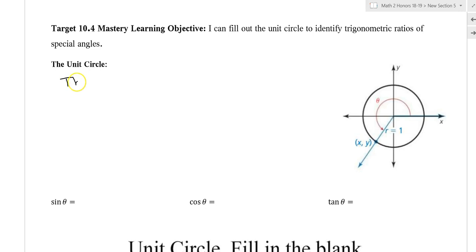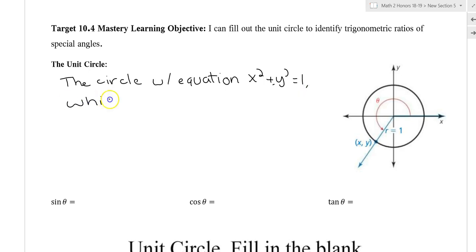It is the circle with equation x squared plus y squared equals 1. And if you have x squared plus y squared equals 1, then it has center 0, 0, right?